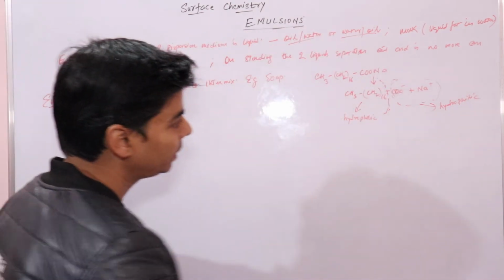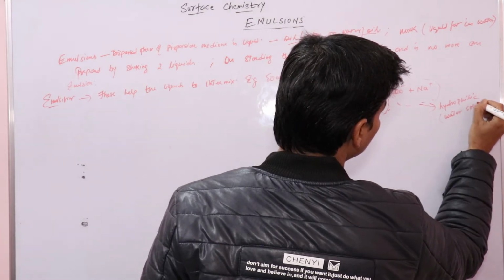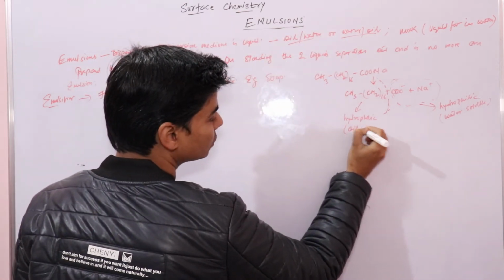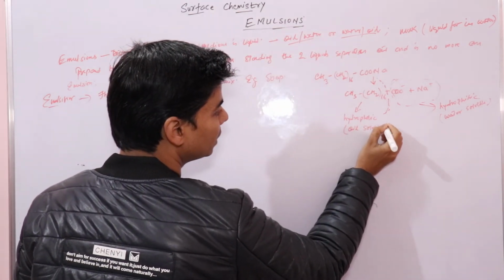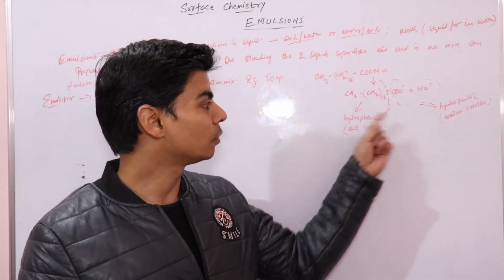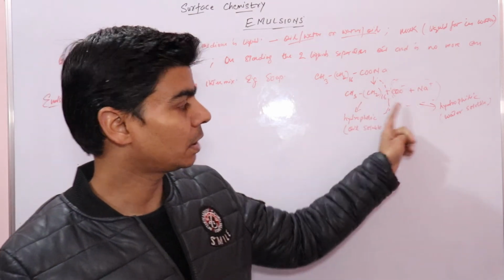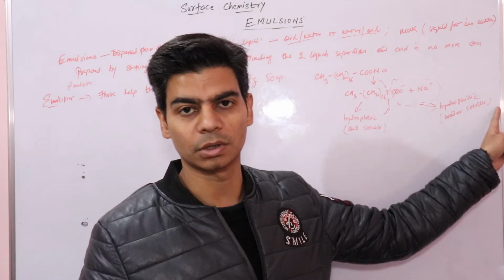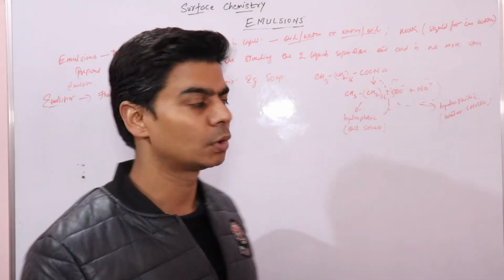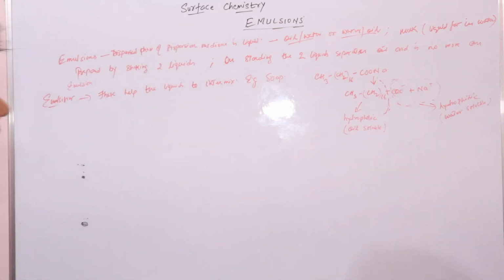So this part is water soluble, and this part is oil soluble. We know that oil is also hydrophobic. So the hydrophobic part of this molecule will interact with hydrophobic oil, and the hydrophilic part will interact with water, because water has charges, so it can easily interact with it. That is why it is water loving, hydrophilic.